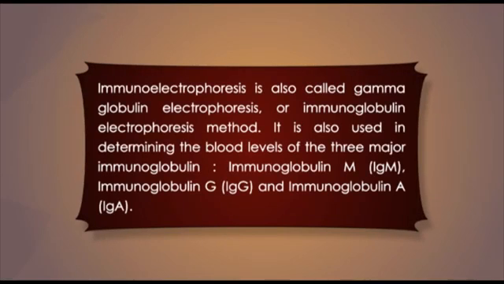In immunoelectrophoresis of different samples, it is possible to evaluate the amount of an antigen semi-quantitatively by measuring the distance of a certain precipitation arc from the antibody trough. Immunoelectrophoresis is also called gamma globulin electrophoresis or immunoglobulin electrophoresis. It is also used in determining the blood levels of the three major immunoglobulins: immunoglobulin M, that is IgM, immunoglobulin G, that is IgG, and immunoglobulin A, that is IgA.